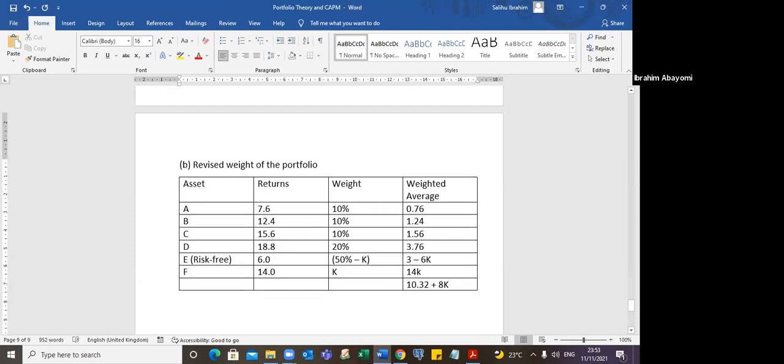My aim, what is my target return? What return do I want to achieve?